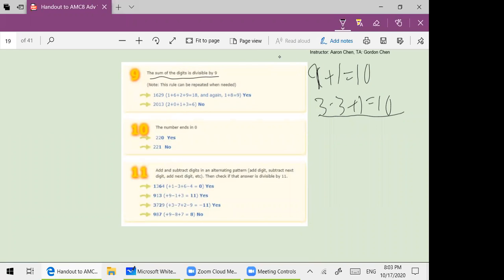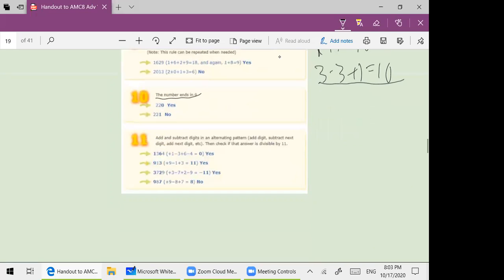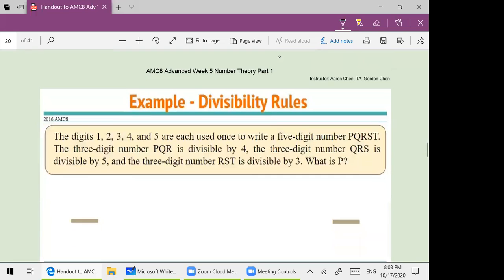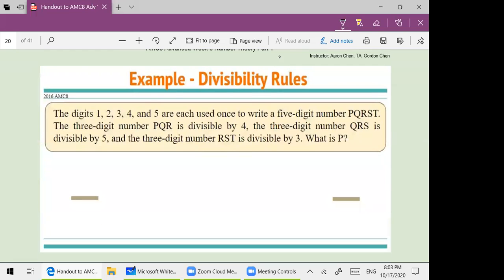Anyways, 10. The number ends in 0. 11. The alternating sum is divisible by 11 if and only if the first number was divisible by 11. And you can prove this by using the fact that 11 minus 1 equals 10. Okay, now here's an exercise to practice those divisibility rules.